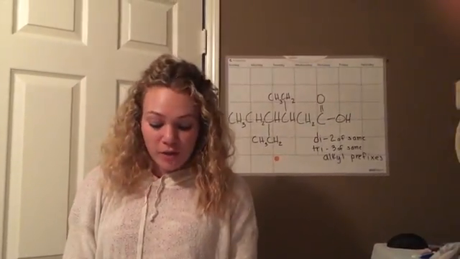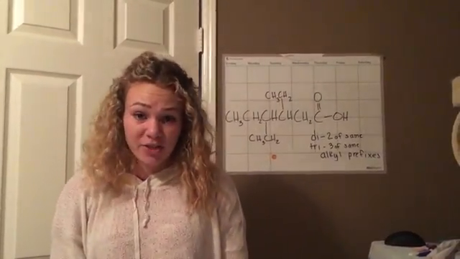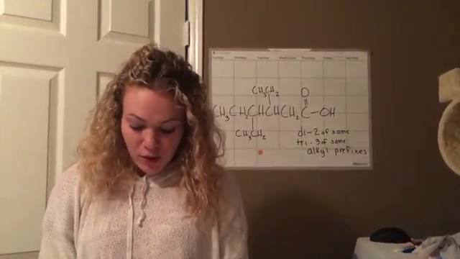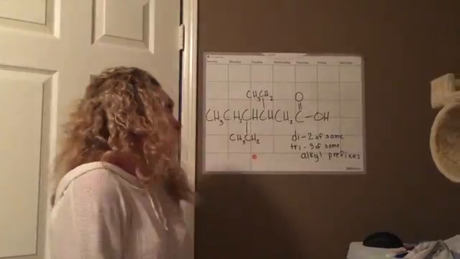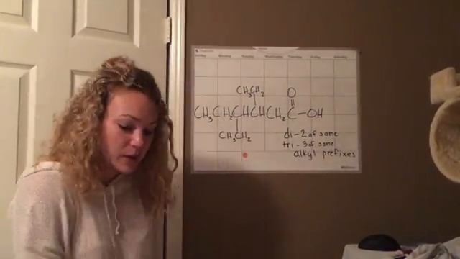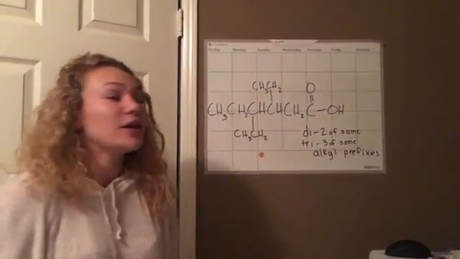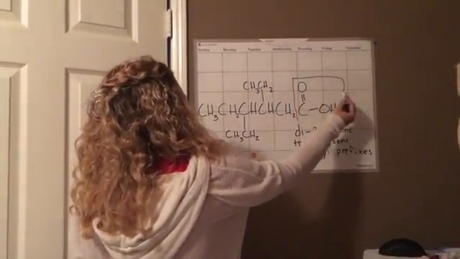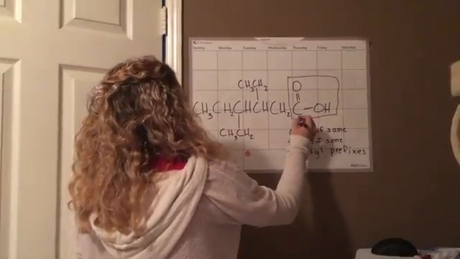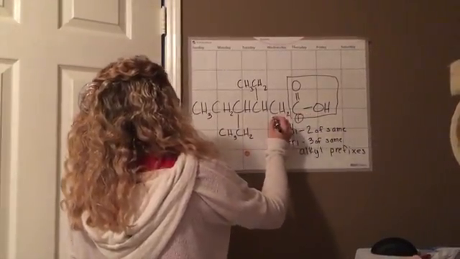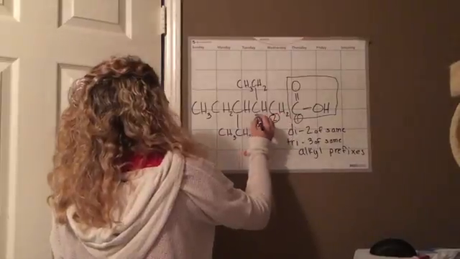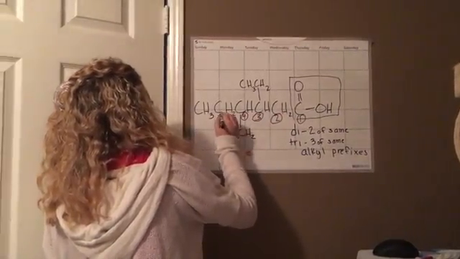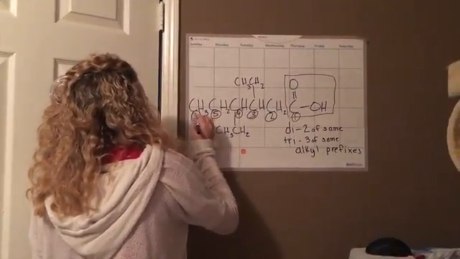If there are multiple of the same substituent group attached to the parent chain, we would name them in numerical order and give them an alkyl prefix. For this one, we still name the parent chain, starting with the longest chain of continuous carbons with the carboxyl group, starting at the carbonyl carbon 1, 2, 3, 4, 5, 6.